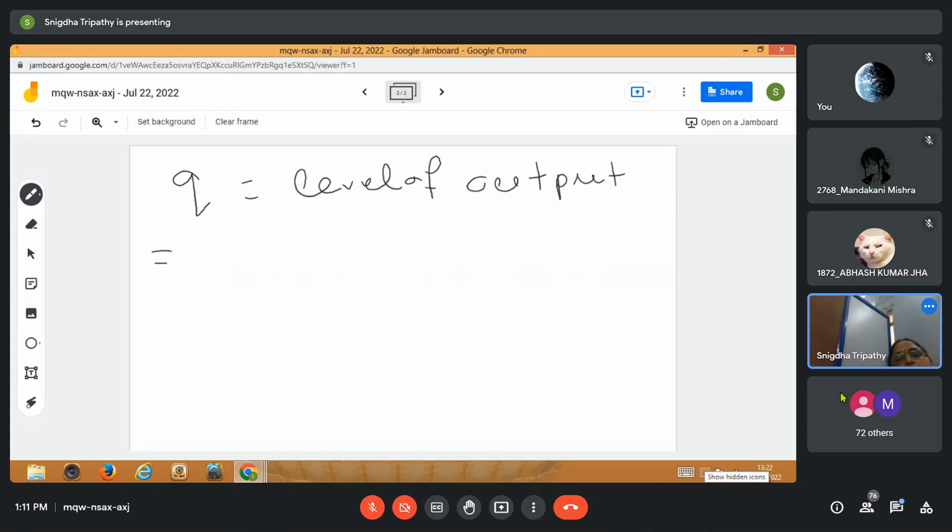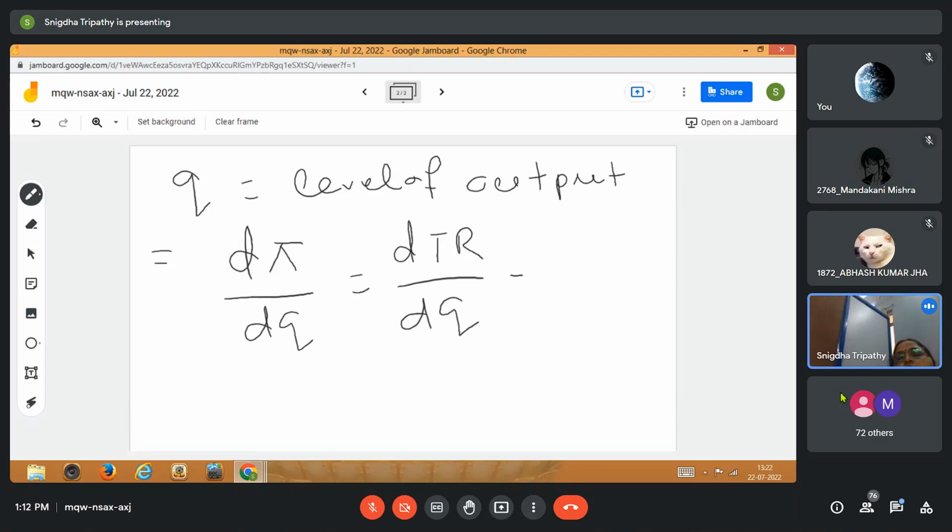Now the first order condition: first order differentiation of the profit function with respect to Q is equal to first order differentiation of the revenue function with respect to Q minus TC with respect to Q, which should be equal to 0.